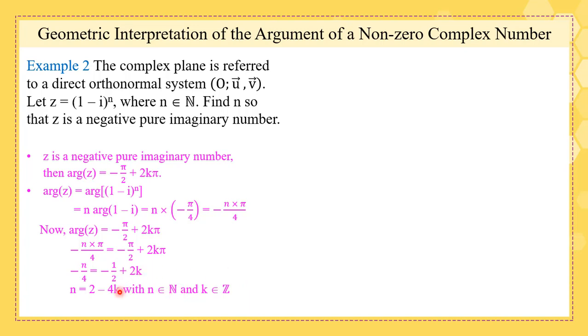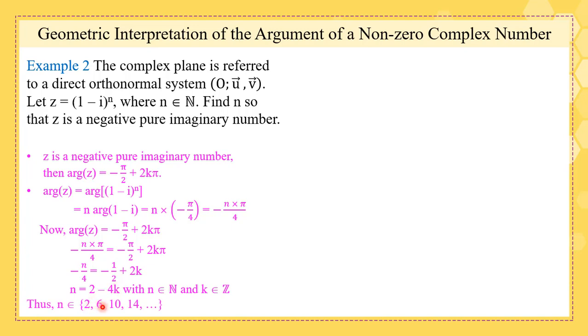For example, if k is 0, n would be 2. If k is 1, n would be 2 minus 4, which is negative 2, which is rejected because n is a natural number. If k is 2, n would also be negative, which is rejected. So let's try to see when k is negative. If k is minus 1, n would be 6. If k is negative 2, n would be 10, and so on.